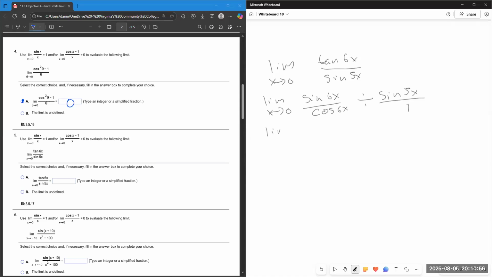It's going to be limit as x goes to 0 of, let's just say, 1 over cosine 6x times 1 times limit as x goes to 0 of sine 6x over something times limit as x goes to 0 of something over sine 5x. Let's change the color here. This is a 1 to start off with.